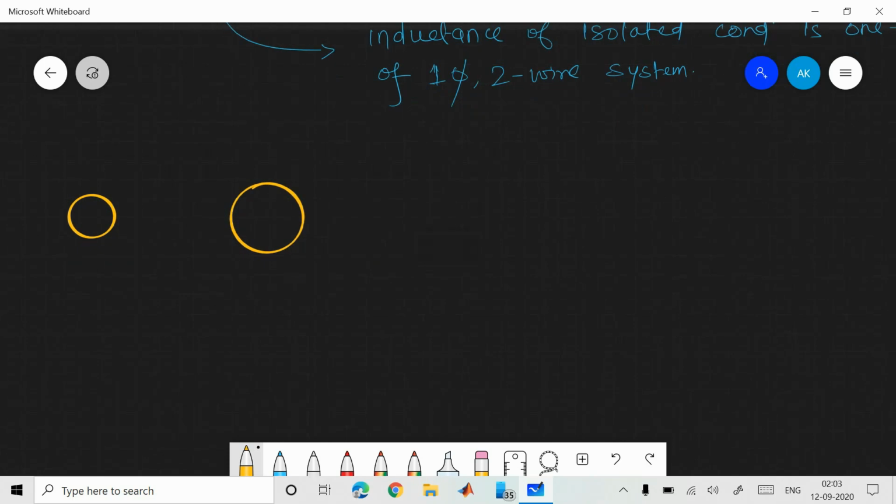So let the radius of the first conductor be r1 and the radius of the second conductor be r2, and the spacing between these two conductors, center to center distance, is d.